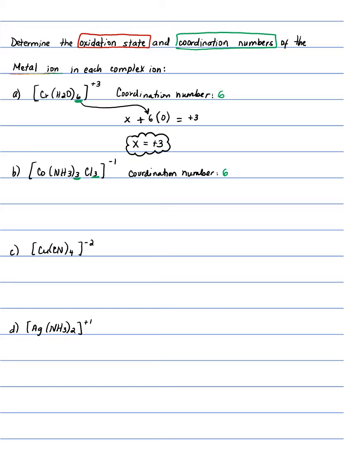Now let's find out the oxidation state for cobalt in this example. So I'm going to start writing my equation again. The overall charge for the complex ion is -1, so let's do that. -1. Now you have 3 Cls, so that's 3 Cl, the ion of chloride with a charge of -1.